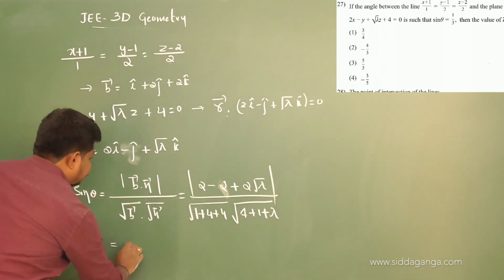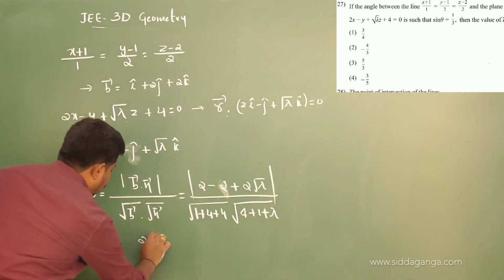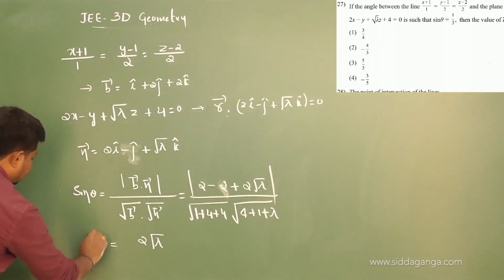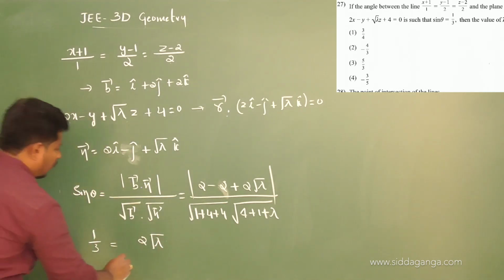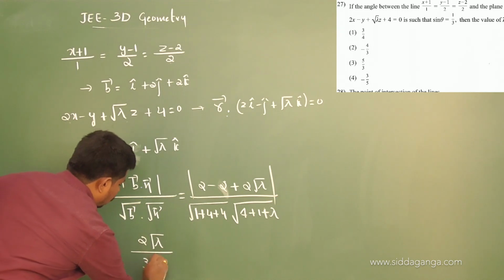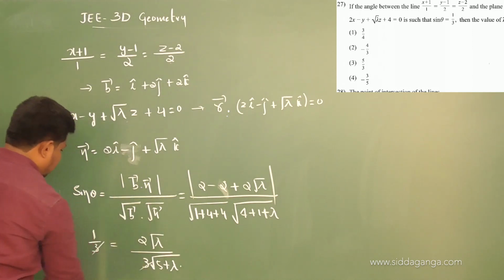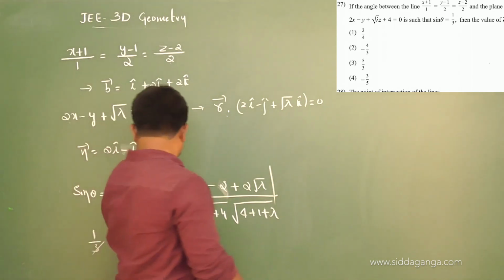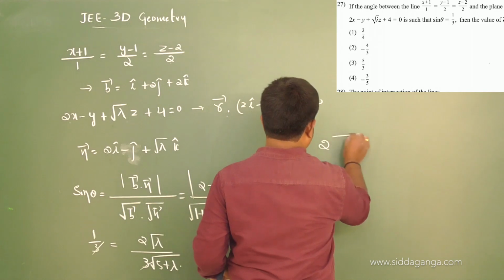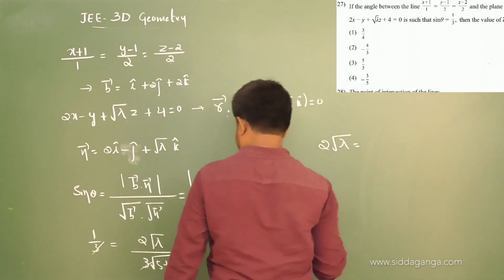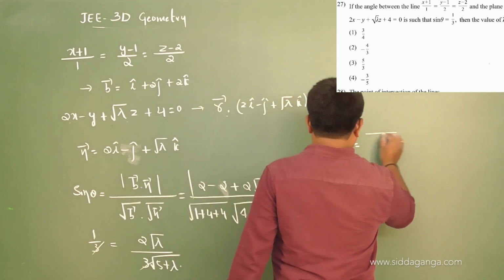This gives 2 root lambda, and sin theta is given as 1 by 3, whole divided by 3 root of 5 plus lambda. So 3 gets cancelled, and 2 root lambda is equal to root of 5 plus lambda.